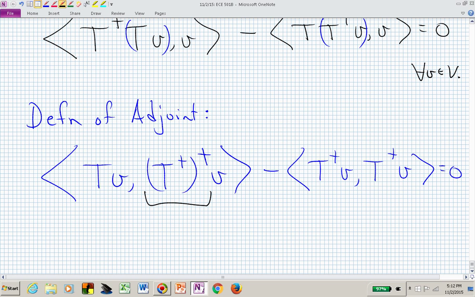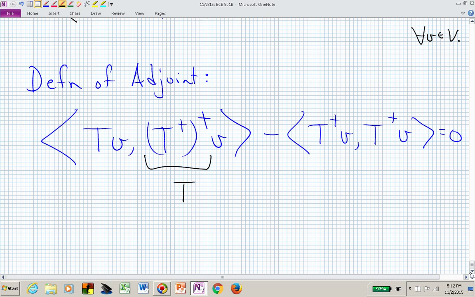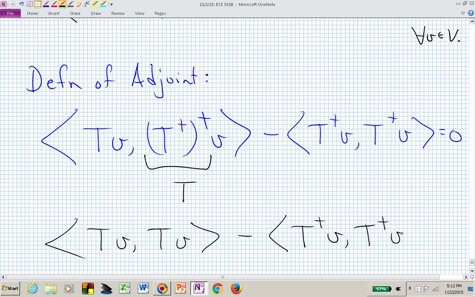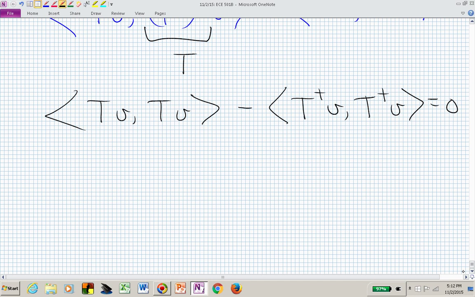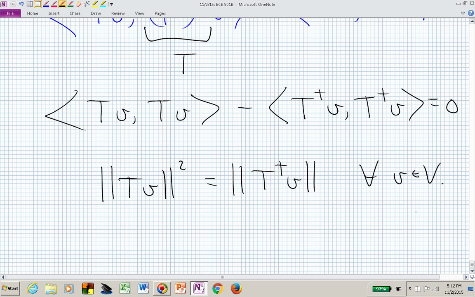What did we learn that T dagger dagger was last time? That's just T. So that now we have TV inner product with TV minus T dagger V inner product with T dagger V equaling 0. And those are just the definition of the norms. We now can see that TV's norm squared is equal to the norm squared of T dagger V for all V in V.